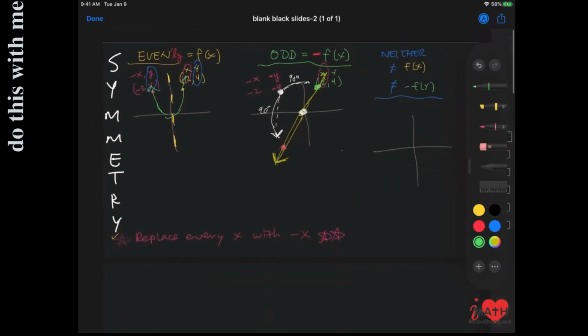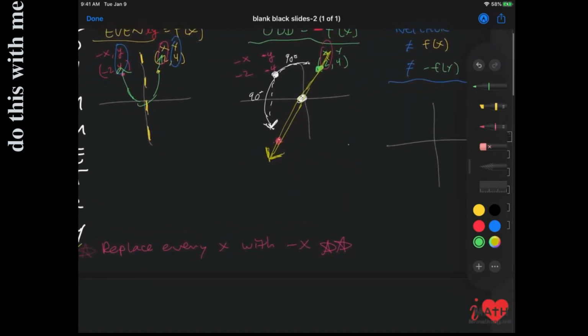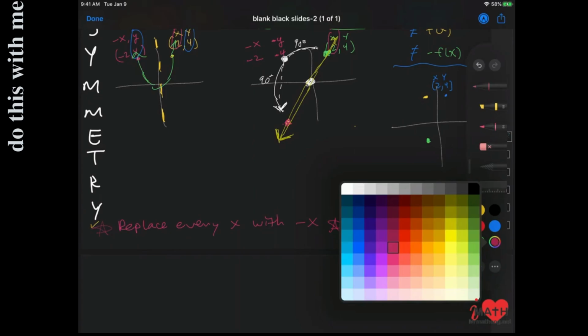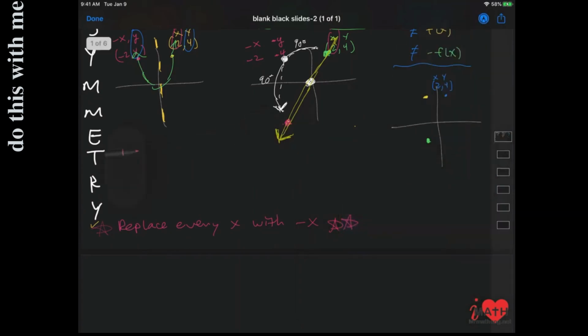Okay, let's go to neither. Let's say you put in a point, 2, 4. And you already know where these kind of pop up. If it is an even, it would have popped in over here. If it was an odd, it would pop up over here. But let's say the point I get is here.